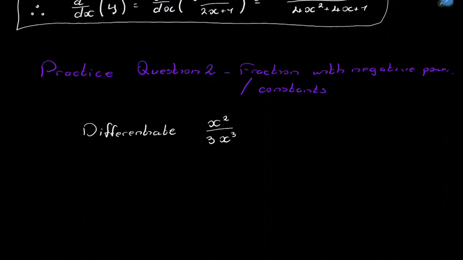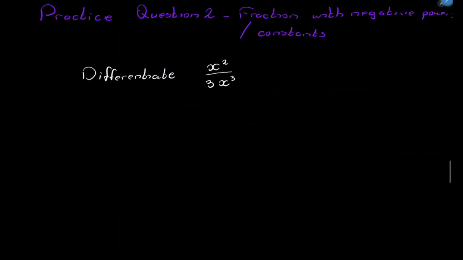So using the same steps, we first identify our numerator and denominator. Let f of x be equal to x squared. Let g of x be equal to 3x cubed.